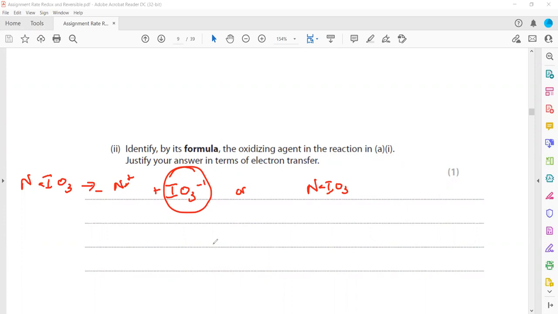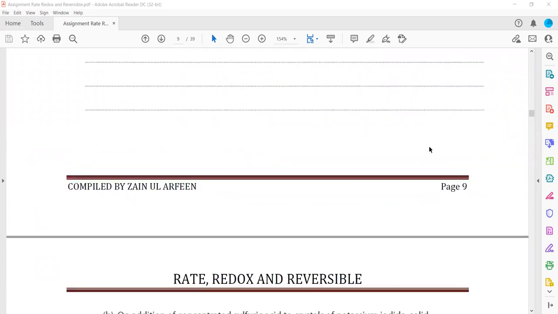And what is the reason they are oxidizing agents? Because reduction happens. And why does reduction happen? Because it gains electrons. So whenever a substance gains electrons, it is reduced, and we call that an oxidizing agent or oxidant.